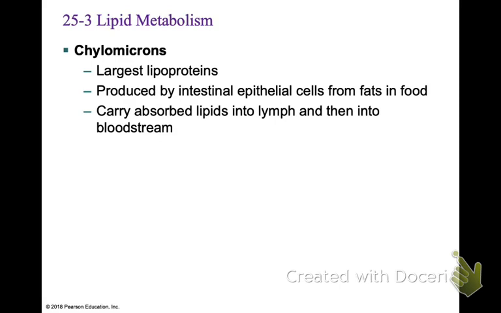Chylomicrons are what you put into the bloodstream from what you ate. In other words, you digest fats in your diet, as we've already seen. Those digested fats get into the intestinal lining of the small intestine, the epithelial lining. Those cells produce these things called chylomicrons. They repackage all the fats, add in the cholesterol and the fat-soluble vitamins, and wrap it up in a protein.